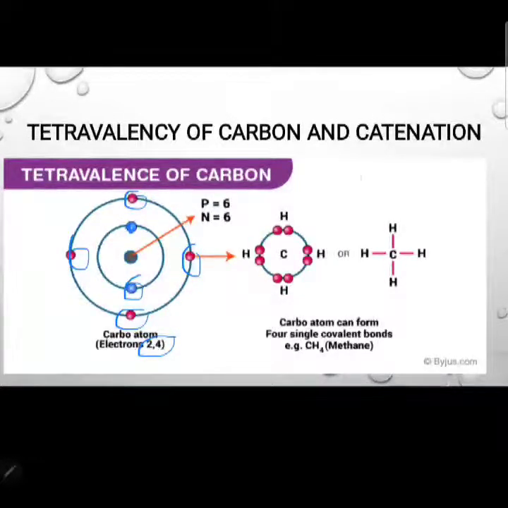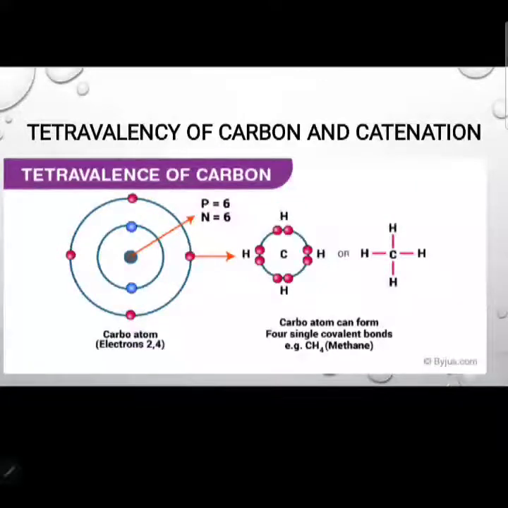Hydrogen came because hydrogen is number 1, so the valency of hydrogen is just 1. So hydrogen will drop its 1 here and form a bond, another hydrogen here and form a bond. So it's as if it has 1 already here. Whoever is coming to marry it at the right-hand side must donate 1 as well, and that is what hydrogen has done. This is simply tetravalency of carbon.